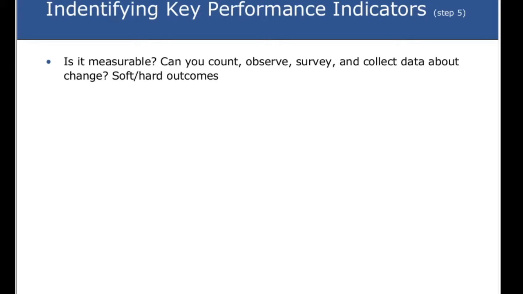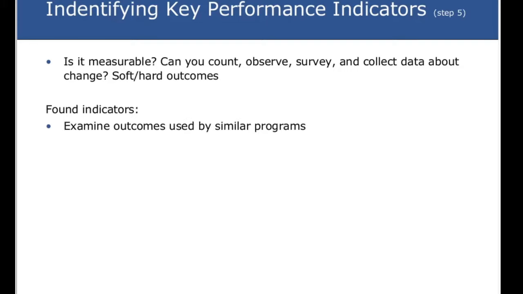The other aspect of soft outcomes is to utilize studies that have been done in the past in your sector that show that a particular change or behavior or skill improvement is in fact an indicator of a particular change or outcome that you're trying to measure.